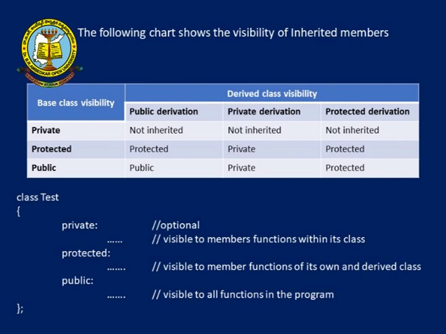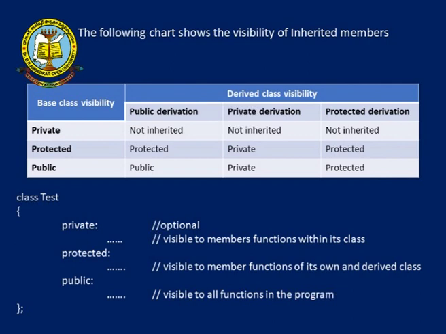See, when the base class members are the public type and the derivation is done in the protected mode, the public members of the base class will become the protected members. So, this chart will give you the clear information how the members of the base class will be changed into the derived class and how their visibility will be changed accordingly.